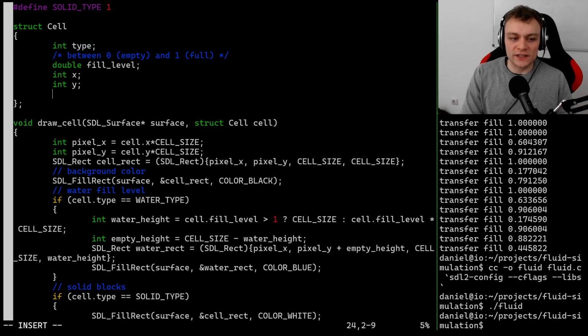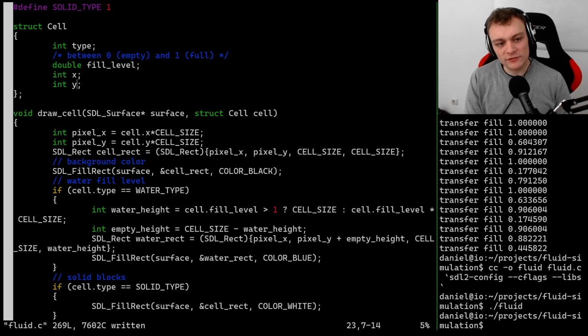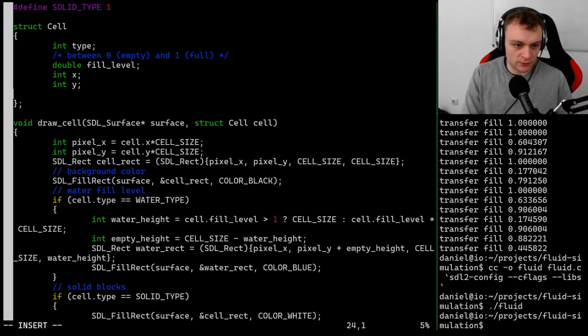We could technically add a flag here, int flowing down. Is that a good idea? I'm not sure. How do we determine if a single cell is flowing downwards? Technically, we would have to check all the neighbors and reevaluate the logic of rule number 1 again.